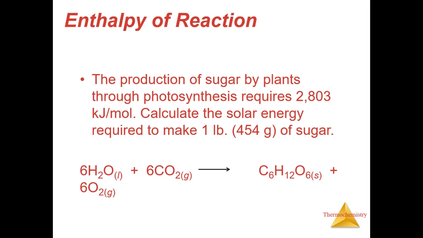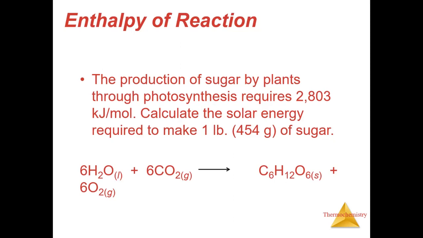Find the molar masses of the components within your equation. And then once I have the molar masses, compare that to a pound. Let's see, 72 and 12 is 84, and 6 times 16 is 96. Yeah, that's right, 180. The molar mass of glucose is 180. So what am I going to have to do?